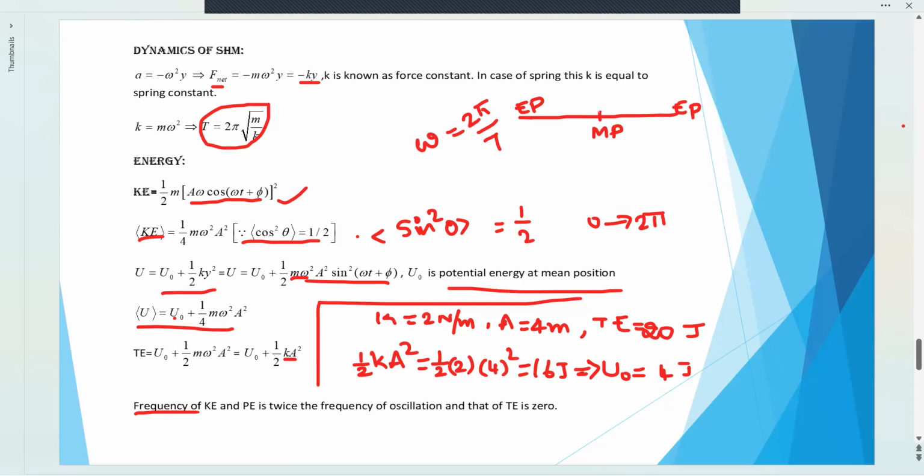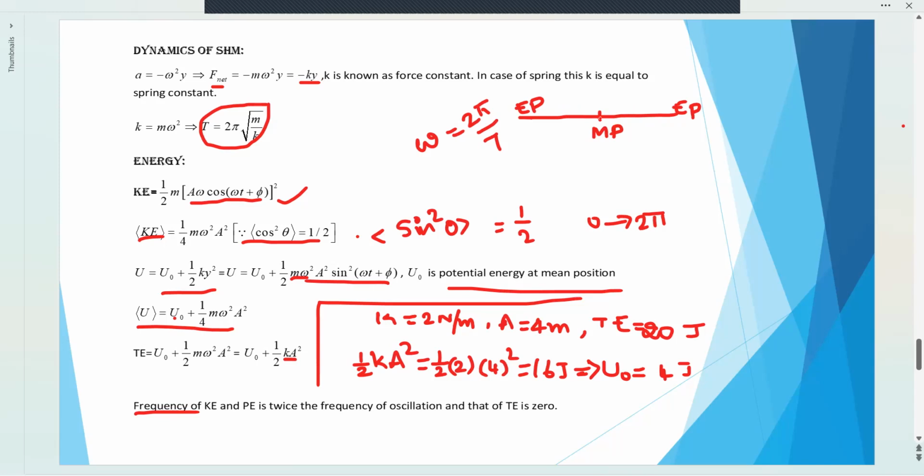So it changes from maximum to minimum, minimum to maximum, maximum to minimum again, and minimum to maximum. That means kinetic energy is changing periodically.